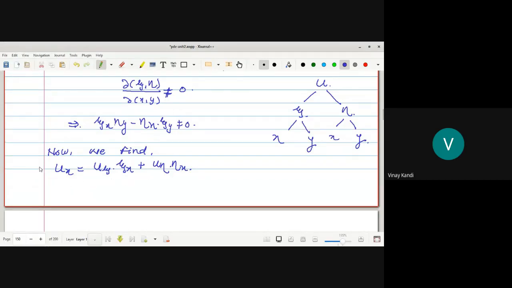So this is ux, equation number 1. Now second, differentiate u with respect to y. u is a function of xi, and xi is a function of y, plus u is a function of eta, and eta is a function of y.